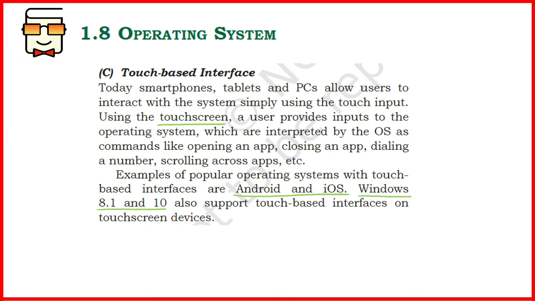You can purchase systems without this facility, but systems with this facility are also available, and they are very convenient because you can directly drag or drop using your finger on the screen itself, or you can double click using the finger itself, and you don't need to use an external mouse for that.